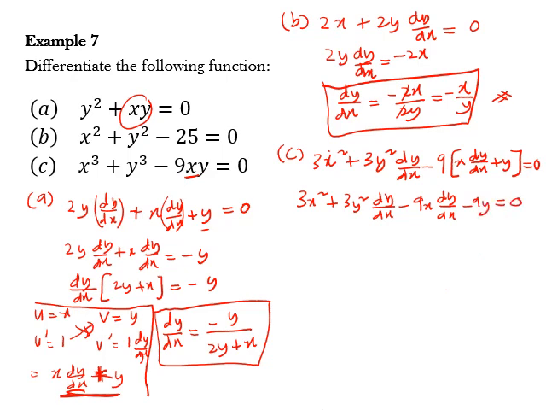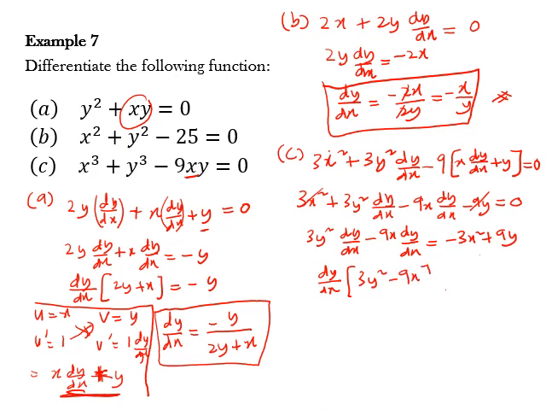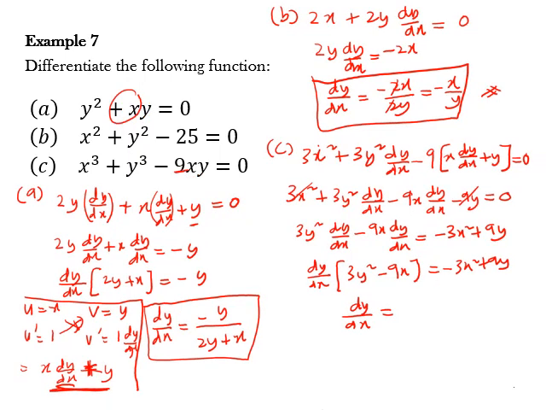So we move the term with no dy/dx to the right first. So 3y squared dy/dx minus 9x dy/dx equals negative 3x squared plus 9y. And then we will factorize the dy/dx. (3y squared minus 9x) dy/dx equals negative 3x squared plus 9y, and then we move the term other than dy/dx.